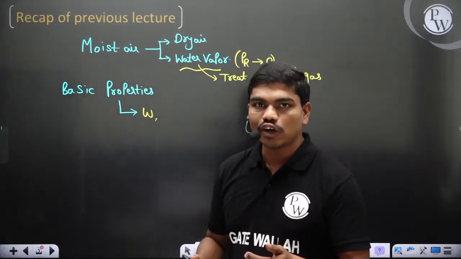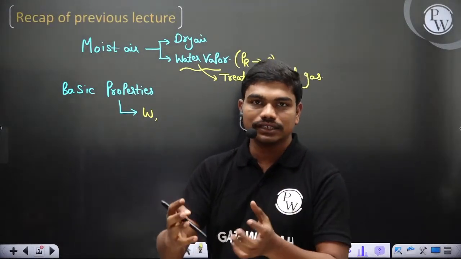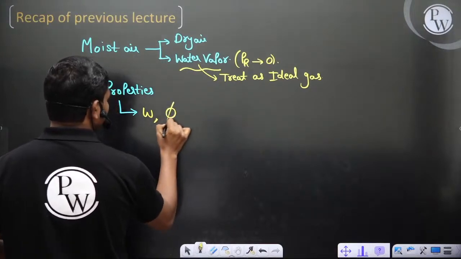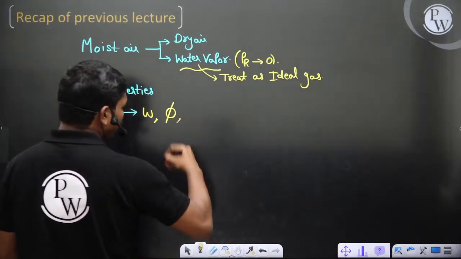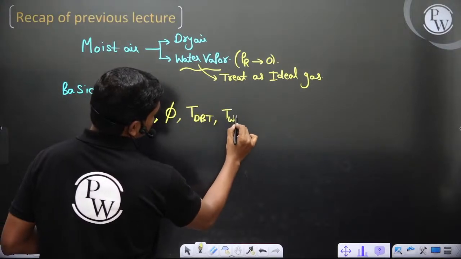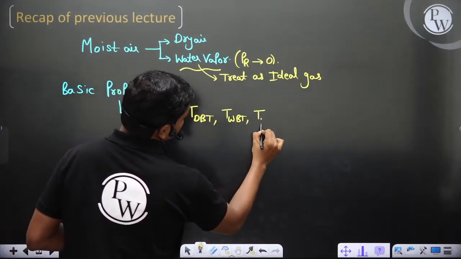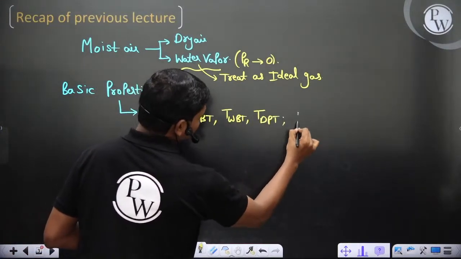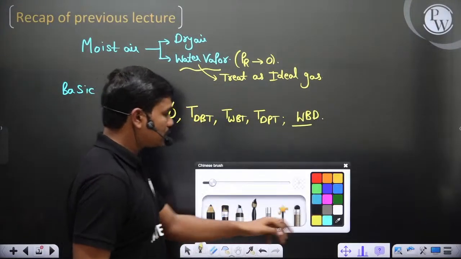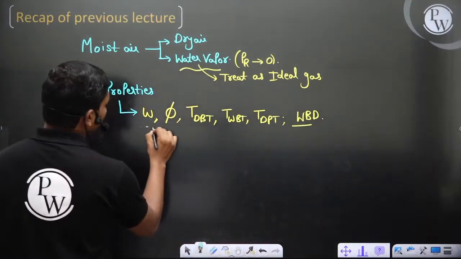We have also seen, at a given condition, the saturation level of the air, for which we calculated phi, the relative humidity. We also saw other properties like dry bulb temperature, wet bulb temperature, dew point temperature (DPT), and wet bulb depression.